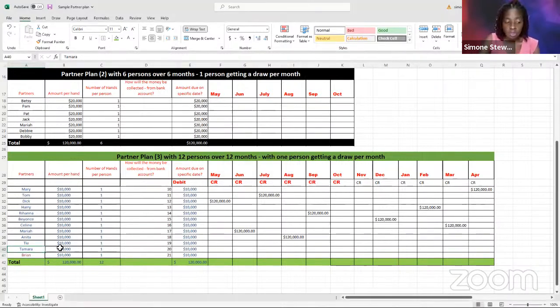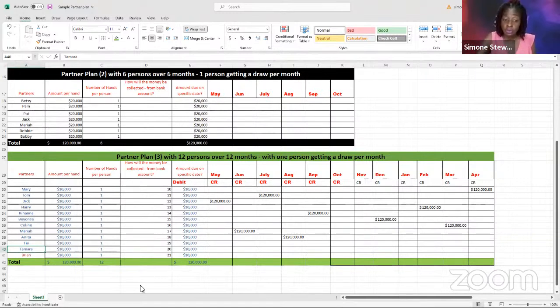Right, so we have three persons who have not yet gotten their draw, and which would mean that based on how I have outlined it, we should still have 3 months with nobody getting a draw. Because remember, we pool the money together, and every month we put it together, we take all of it and we give it to one person. And everybody is required to pay their one hand, which is $10,000 every month. It can't be a case where the first person in May gets his full money and says, well, I don't want to do this business, but nobody else.